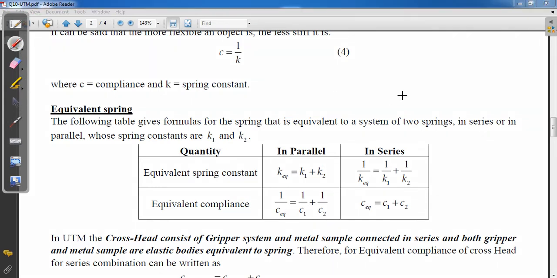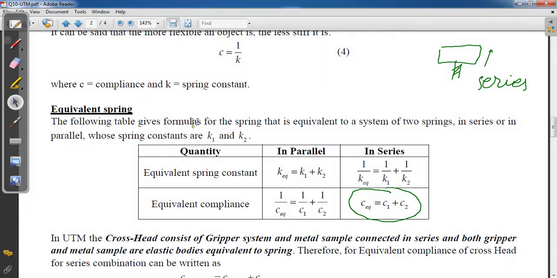So if we see, the gripper system is there, then the sample is there. So it is attached in series. So we will apply this series formula. Let's see the formula.